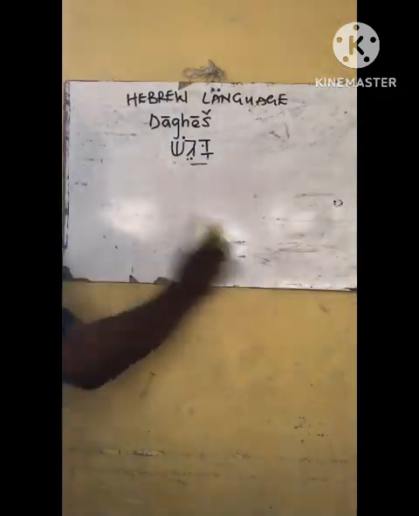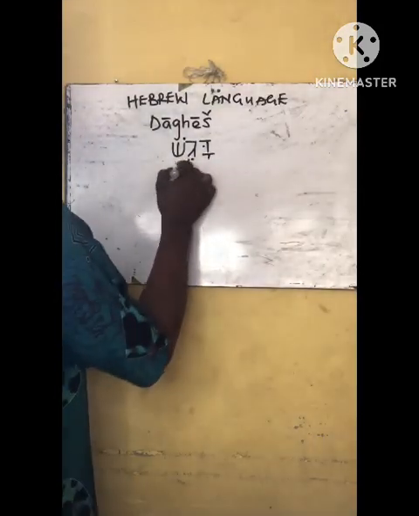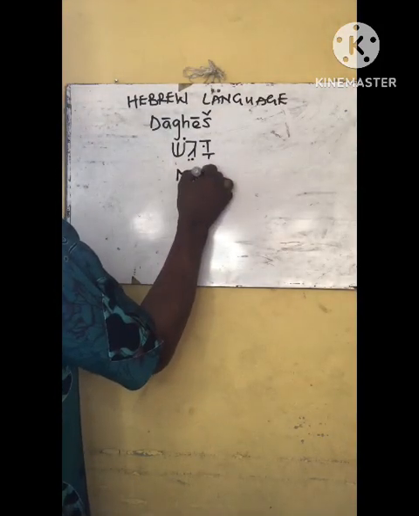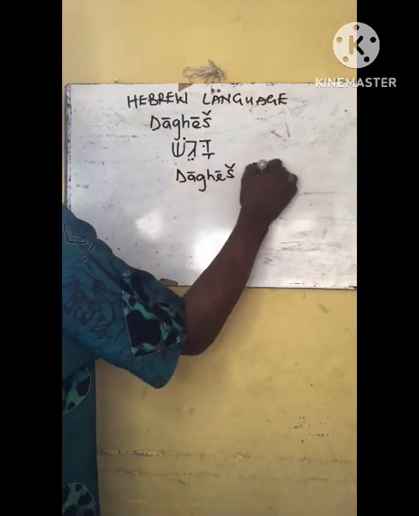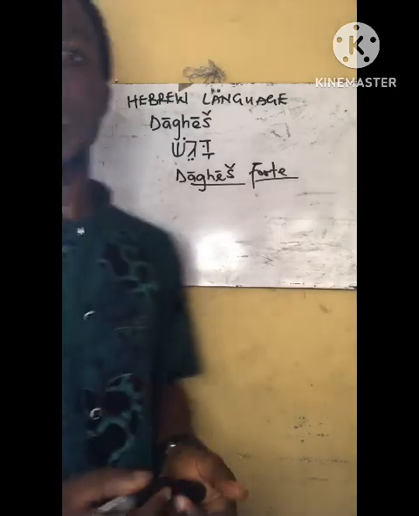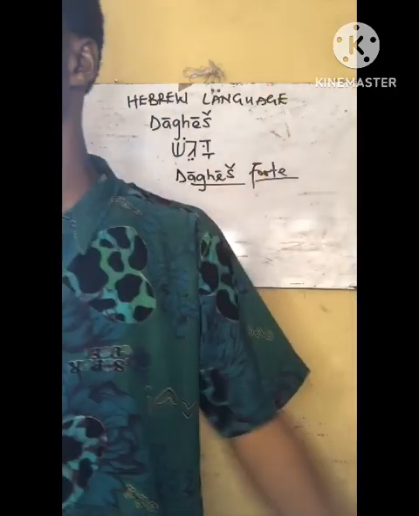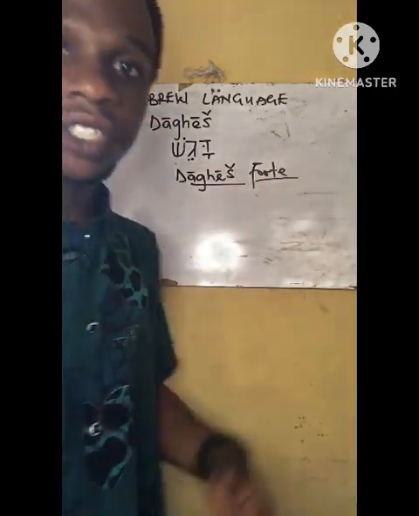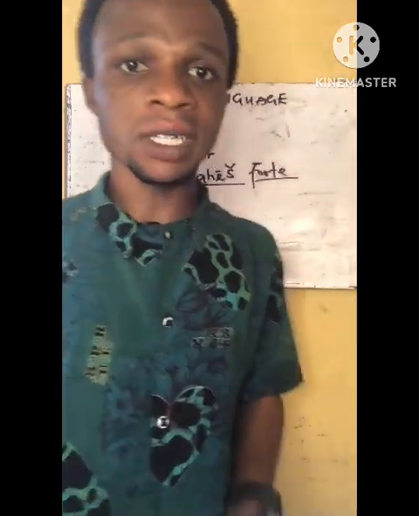Dāghēš fort. What do we mean by Dāghēš fort? Now let's talk about Dāghēš fort. It's just the dot that is placed in the heart of a letter, which indicates that the letter is a double letter.